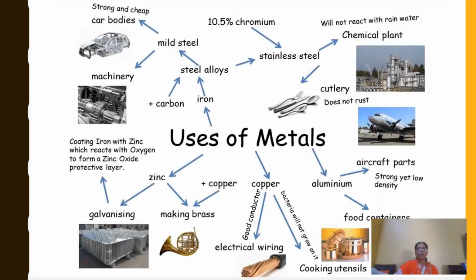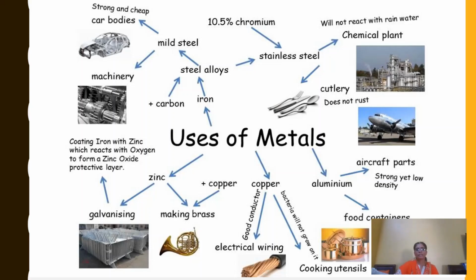Now, moving on to our next topic, uses of metals. As we have already learnt about the physical properties of metals like hardness, malleability, ductility, conductivity, sonorosity, etc., we use metals in our day-to-day life in different ways.